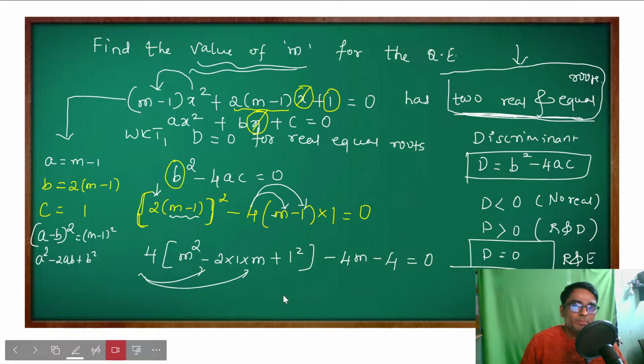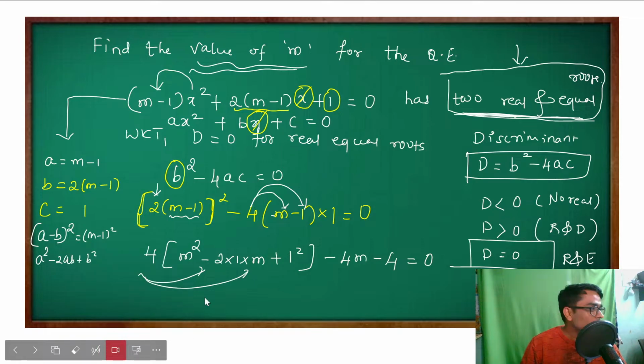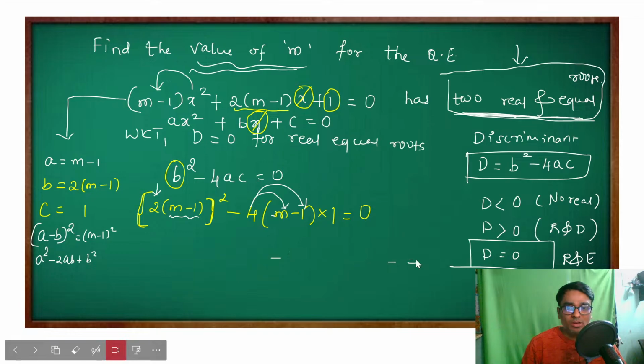Sometimes we need to observe in the question. For this question, in this step, I think no need to do all this work. If you carefully observe what is happening, I will show you. Let me remove the steps. This is the normal way how students will do. You can do this way also, no problem.